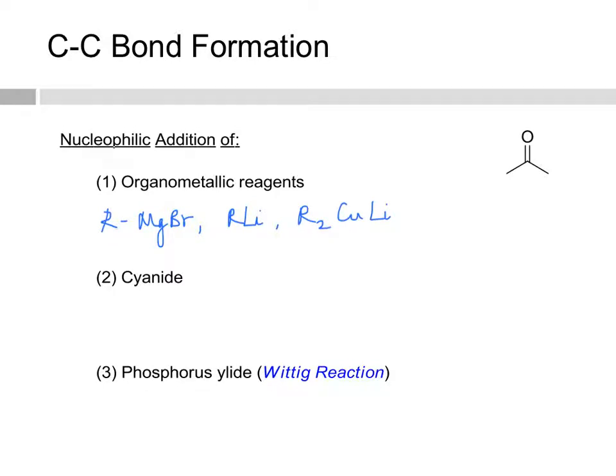And we know that all of these can undergo nucleophilic addition to the aldehyde or ketone. Now we're going to look at cyanide attack to form a carbon-carbon bond, and the Wittig reaction. The Wittig reaction makes use of a phosphorus ylide, which we'll look at in closer detail.